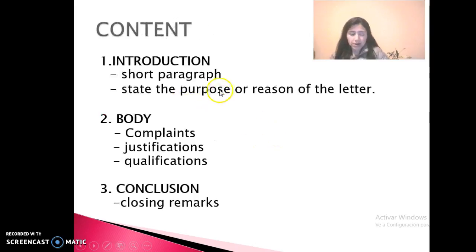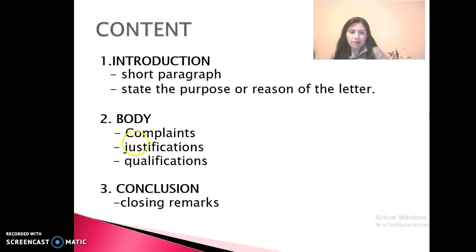The next part is the content. Here we need to write 3 parts: the introduction, the body, and a conclusion. For the introduction, you just have to write a short paragraph where you state the purpose or the reason of the letter.